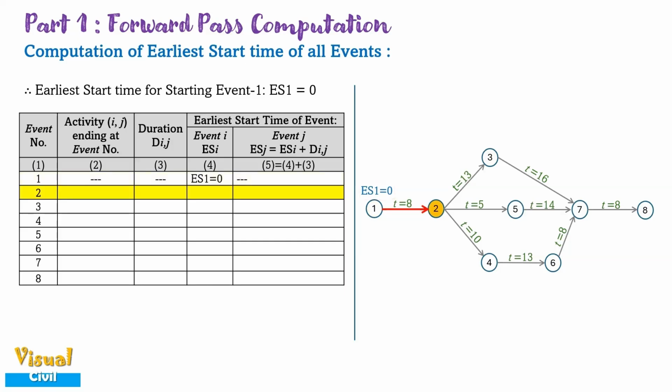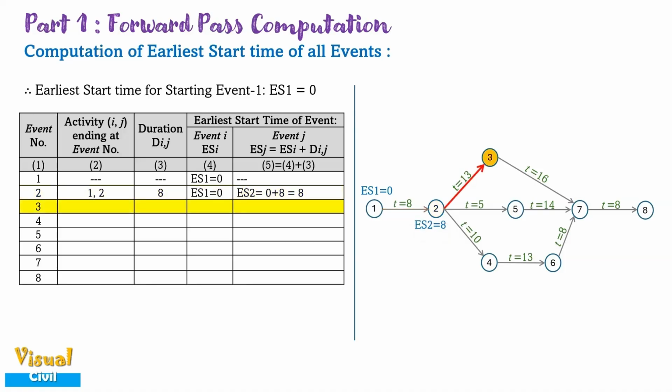At event 2, activity 1-2 is ending with duration 8. The early start time of event i is ES1, which is 0, and early start time of event j, ES2, is equal to ES1 plus duration of activity. This results in 8.